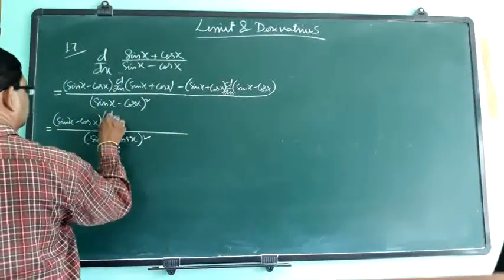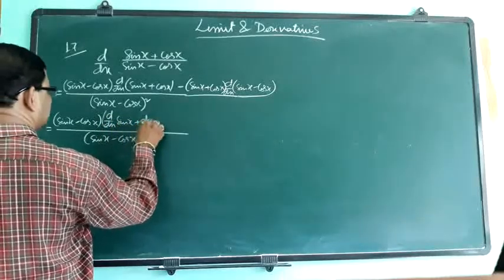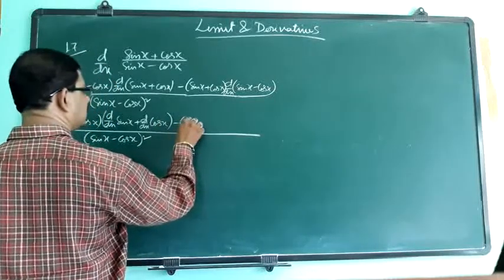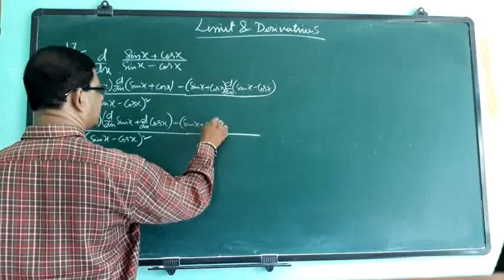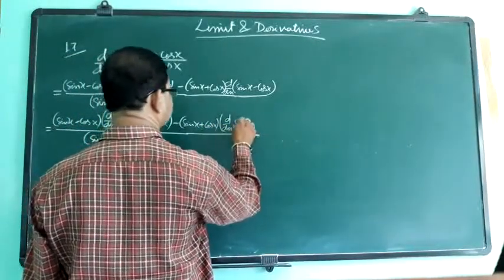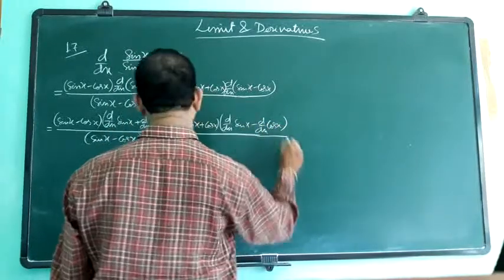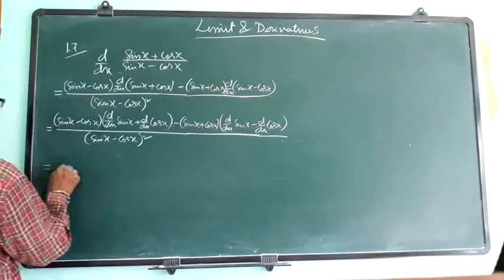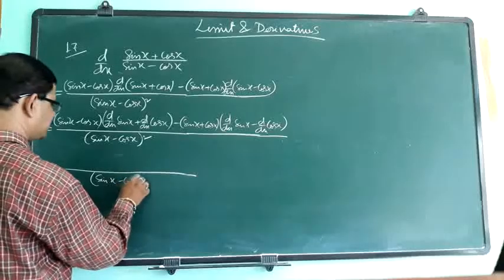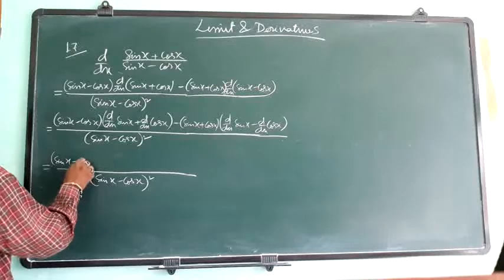So we write d/dx of sin x plus d/dx of cos x, minus (sin x + cos x) times d/dx of sin x minus d/dx of cos x, is equal to, over (sin x - cos x) whole square, with (sin x - cos x).